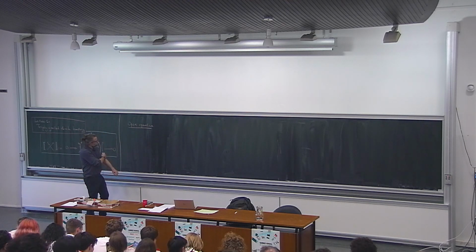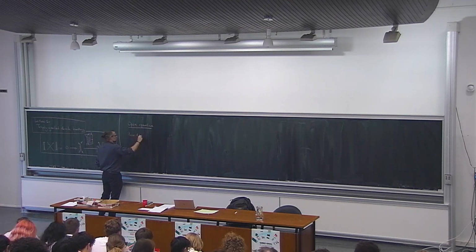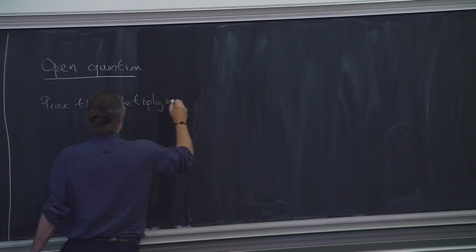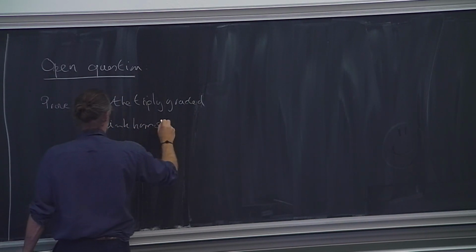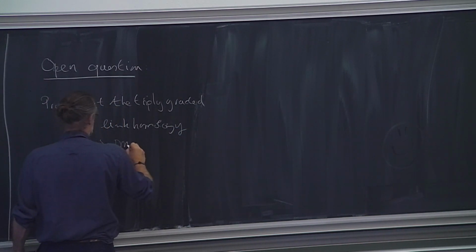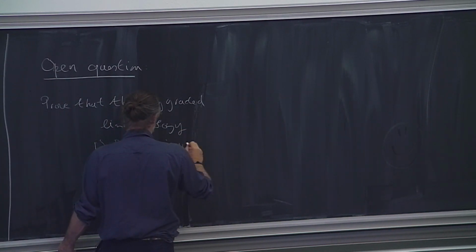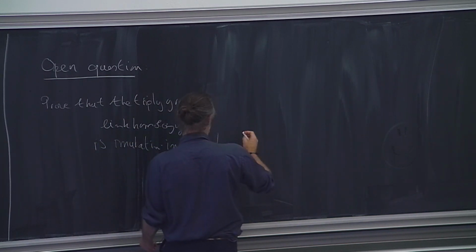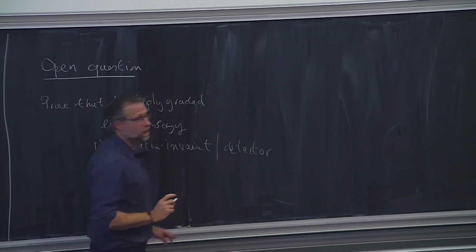The open question: prove that the triply graded link homology is a mutation invariant, or a mutation detector. To my knowledge, this question is open.